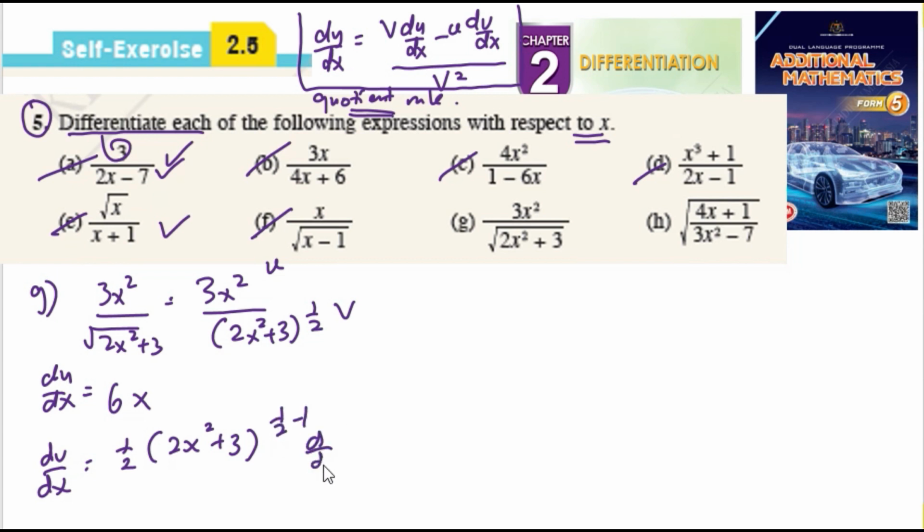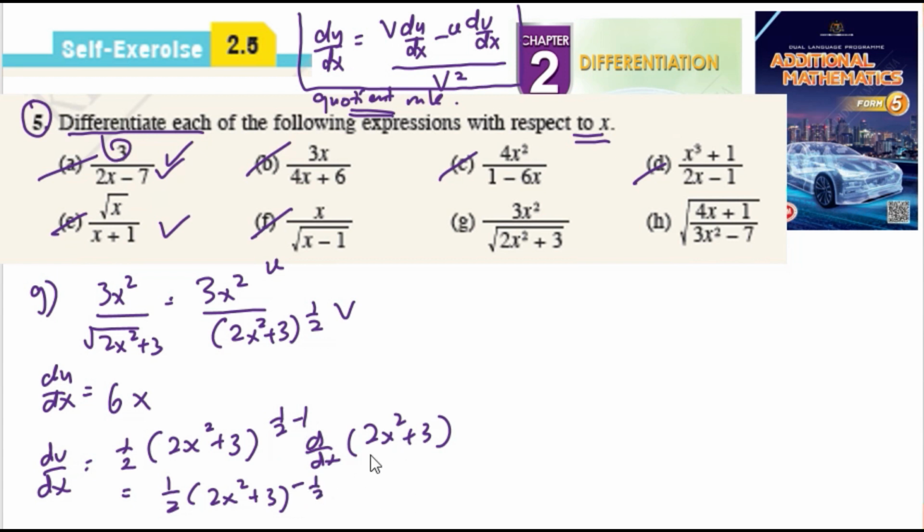Then you differentiate what is inside, so you differentiate 2x squared plus 3. So here you get half times 2x squared plus 3 to the power of half minus 1, which is negative half.